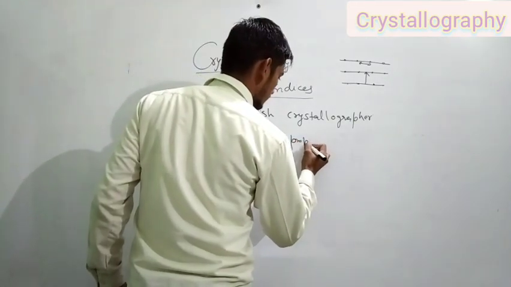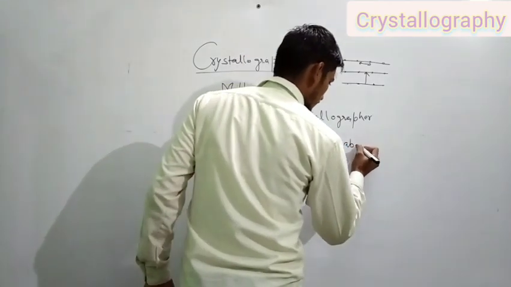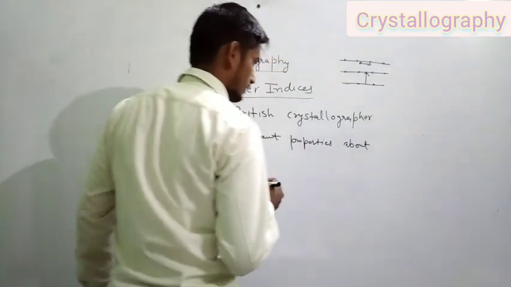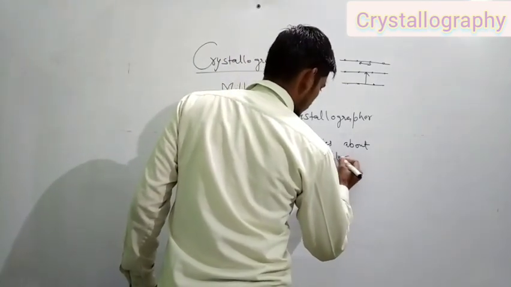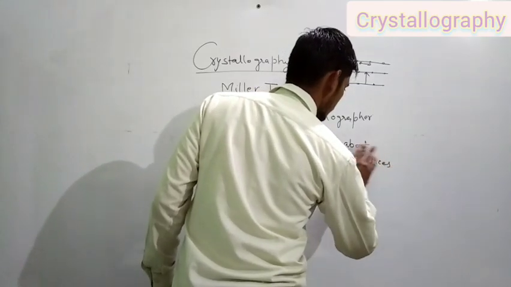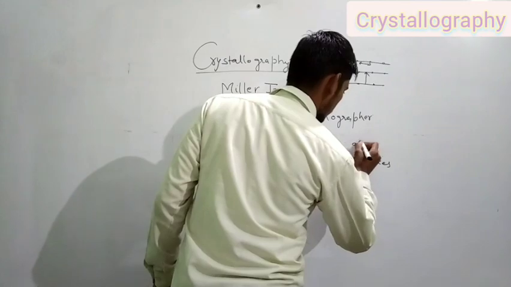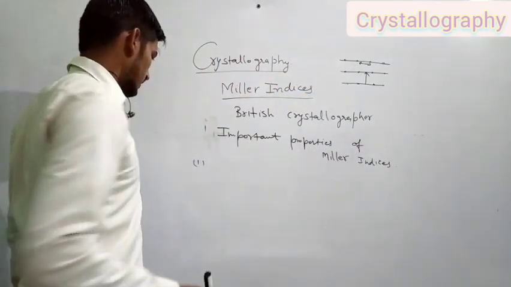Important properties about Miller indices. Number 8.